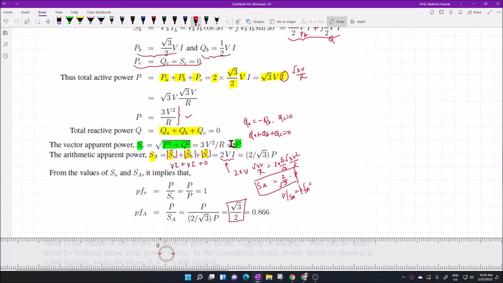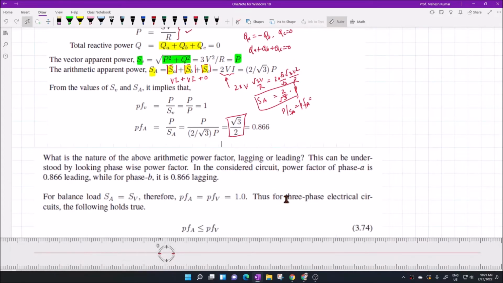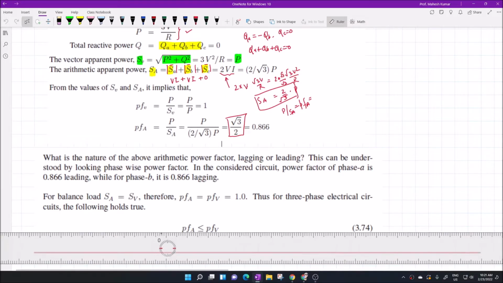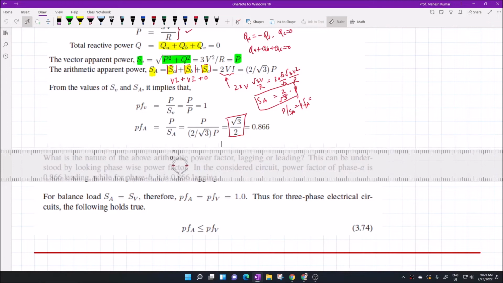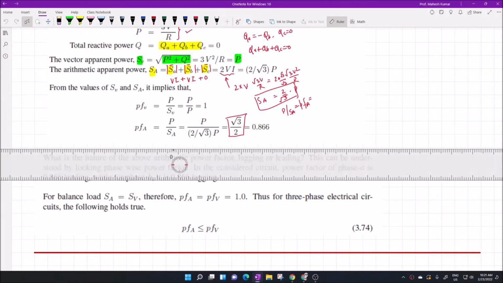I said in the previous class that this power factor is therefore less than unity, and you can see the power factor is different from the unity power factor that was given by the vector power factor. So there are two power factors, one is unity and another one is 0.866.